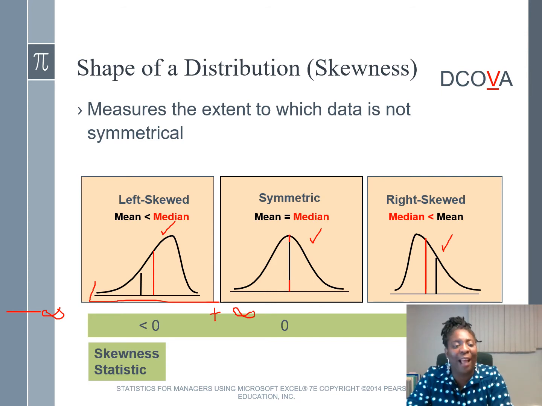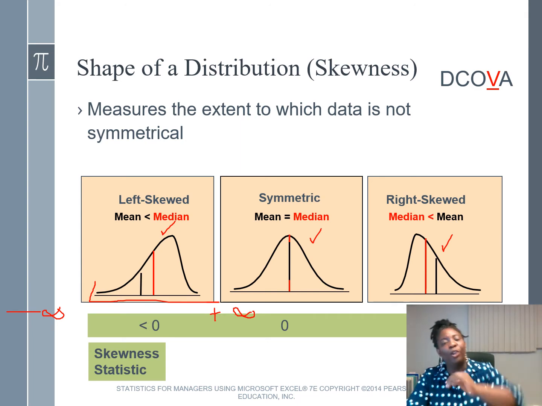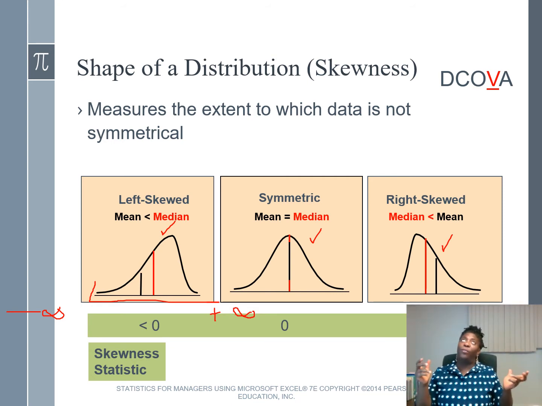When we have that, what happens is that the mean is skewed towards the small data. You've got 10 plus 11 plus 12, and then you have minus 52. The mean is going to be negative because the negative number is really, really small.